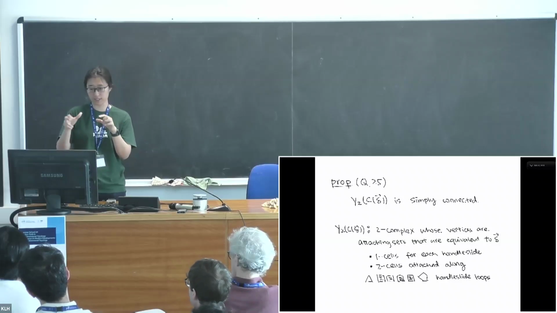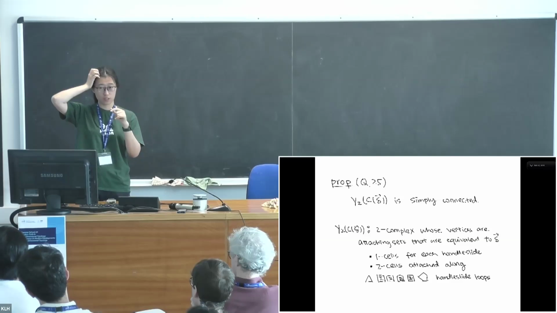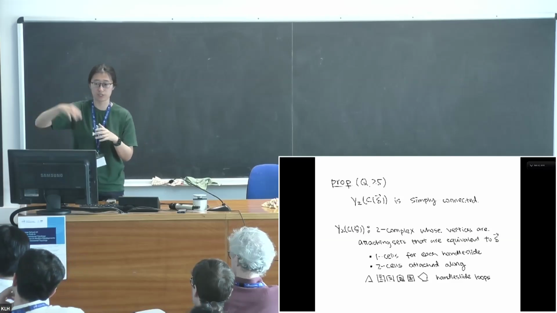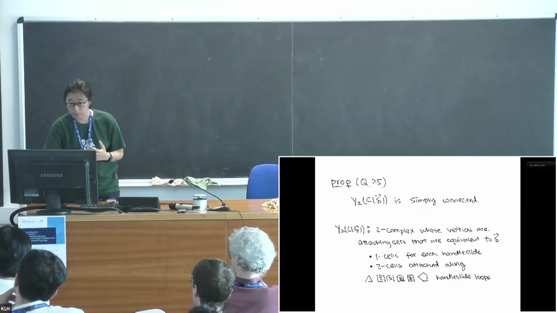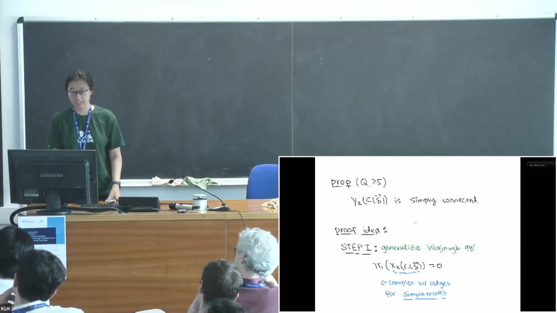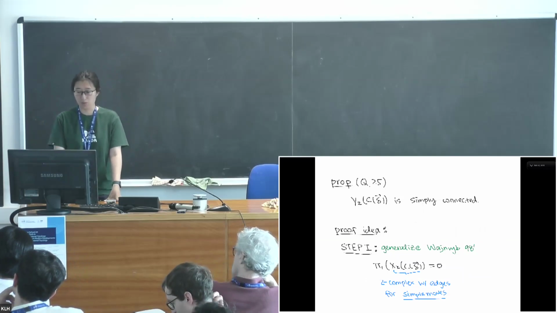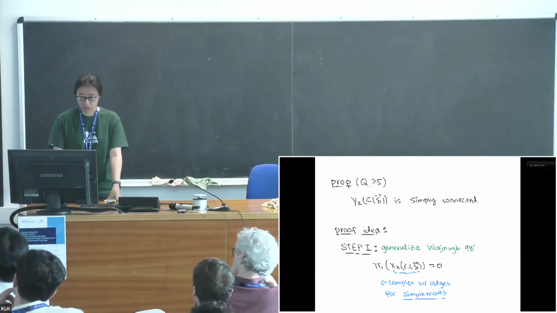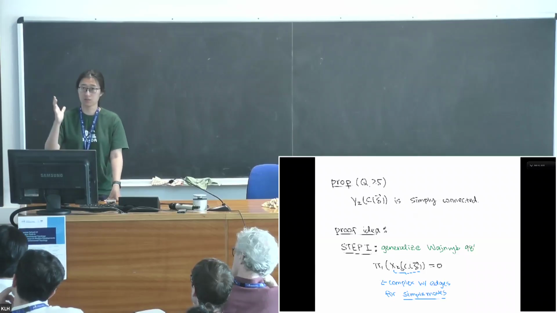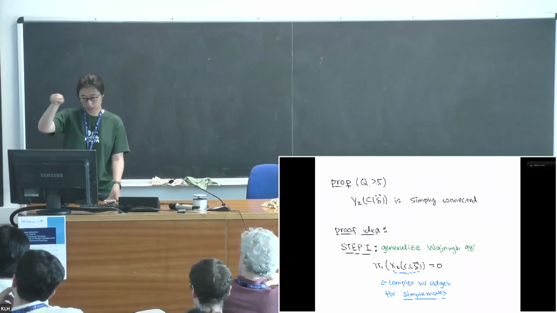So basically, it's the connected component of the whole G alpha prime, and then we only look at one side, so we forget about the beta for now. We want to show that this is simply connected. The proof idea is that the first step is we generalize one Reeves result. So we look at another 2 complex, which has more edges and maybe more 2 cells that we attach.